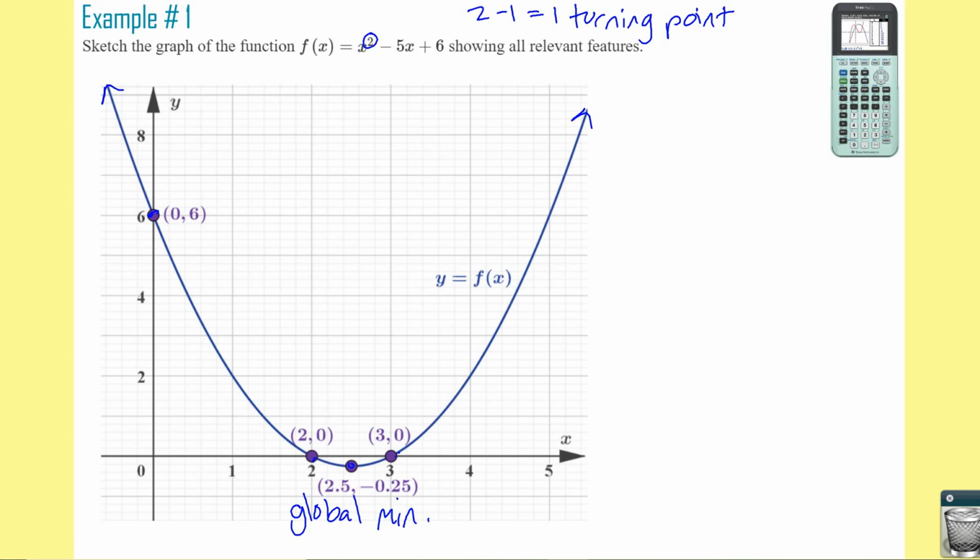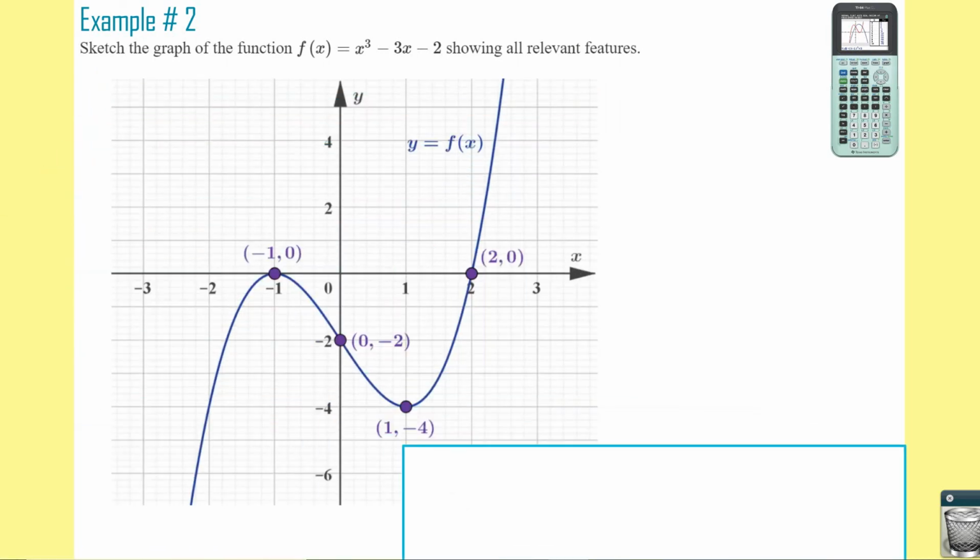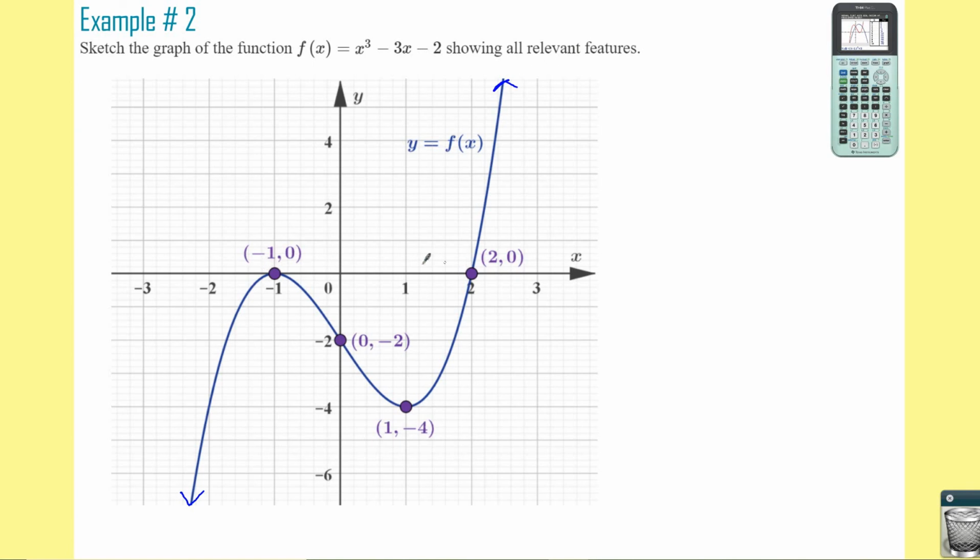All right, try another one. Go ahead and plug this into your calculator, see if you can do a quick sketch of this. So pause it. All right, so this is what Cognitive draws. Now I want you to put arrows. Found the x-intercepts, y-intercept, and what's nice is that one of the x-intercepts was also a local max.